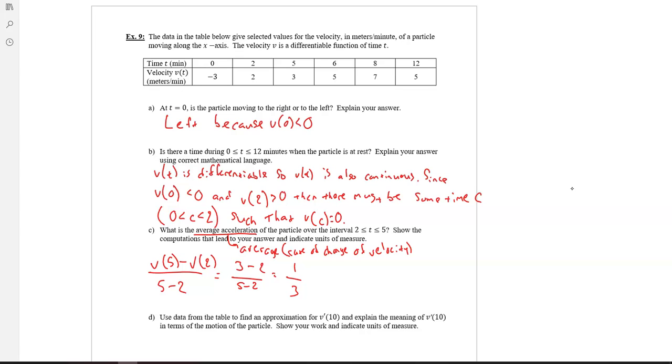Sion? Okay, we'll try moving on here to Luke. Luke, help us. What would be the units here?